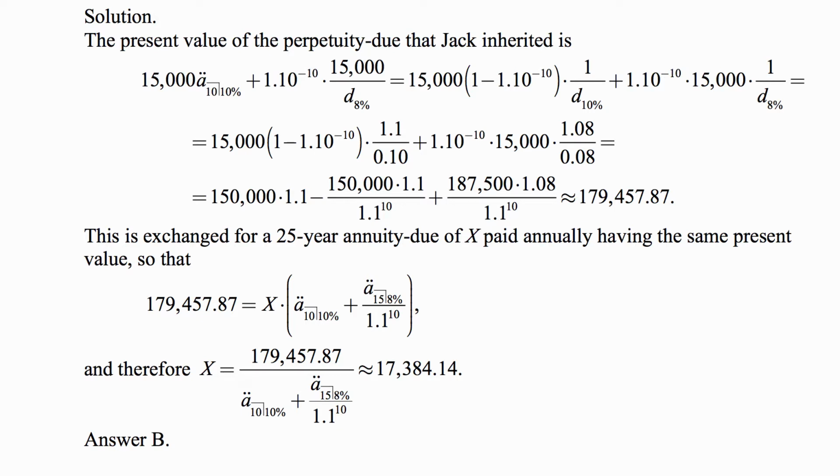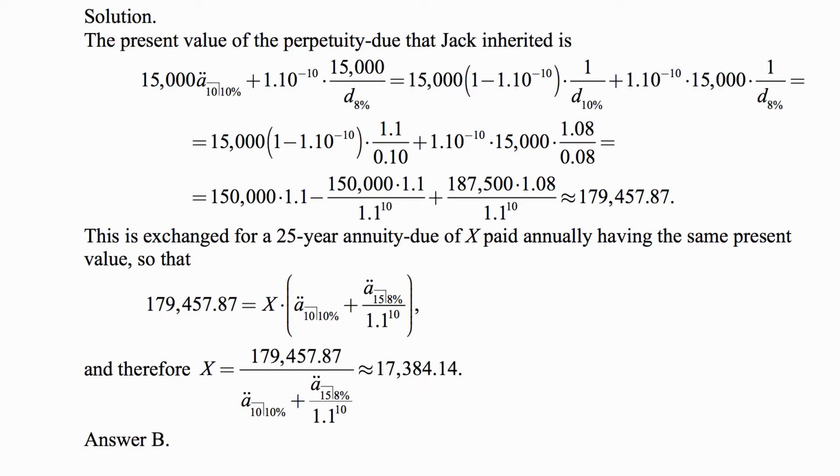179,457.87. And this is exchanged for a 25-year annuity due of x paid annually having the same present value. It is an annuity due at 10% for the first 10 years, and then it's an annuity due for another 15 years at 8%.